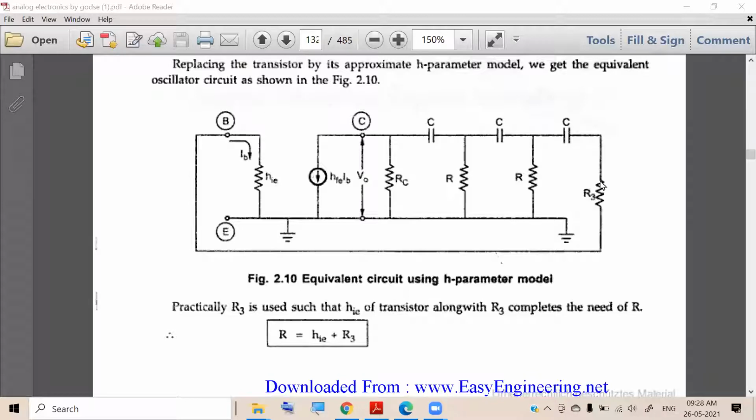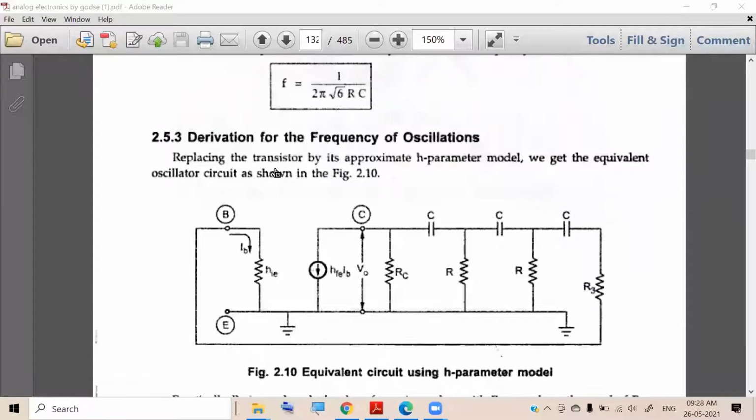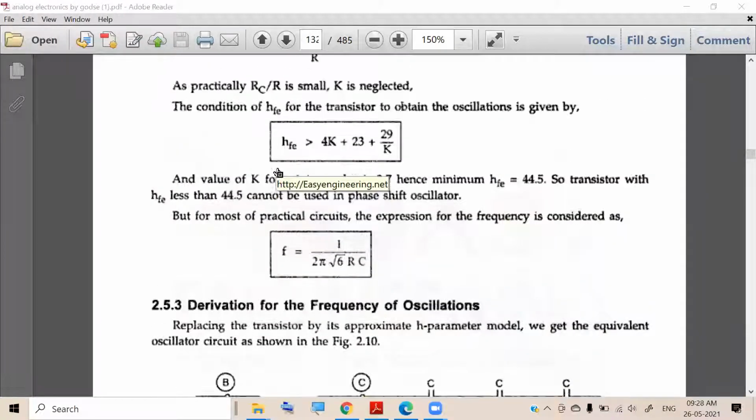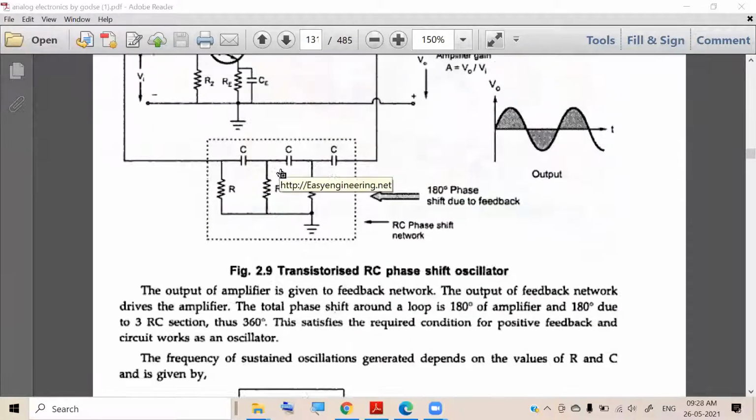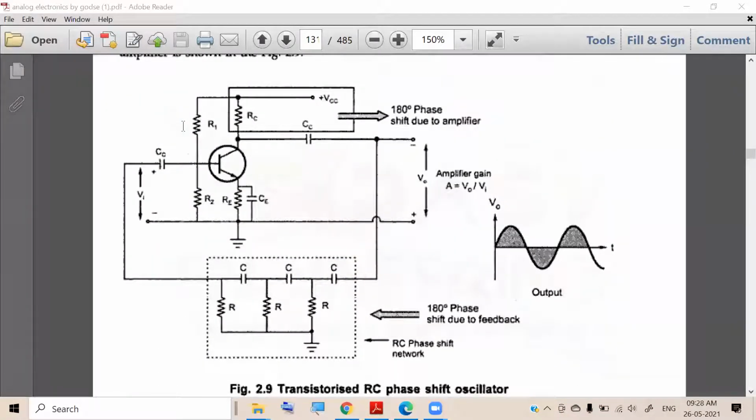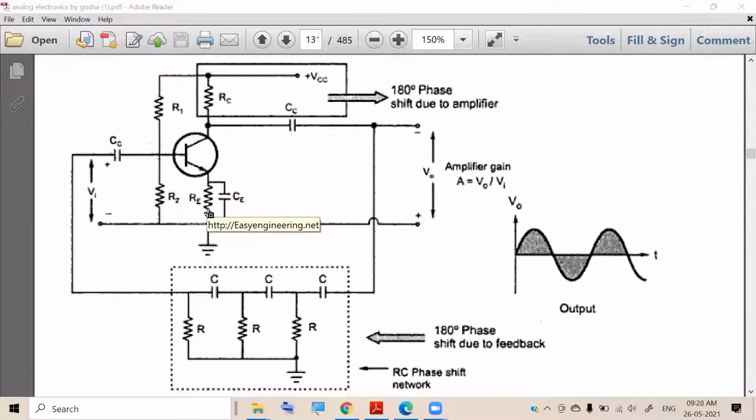For that, R3 plus hie is chosen equal to R. This is the condition if we neglect the biasing resistors R1, R2.